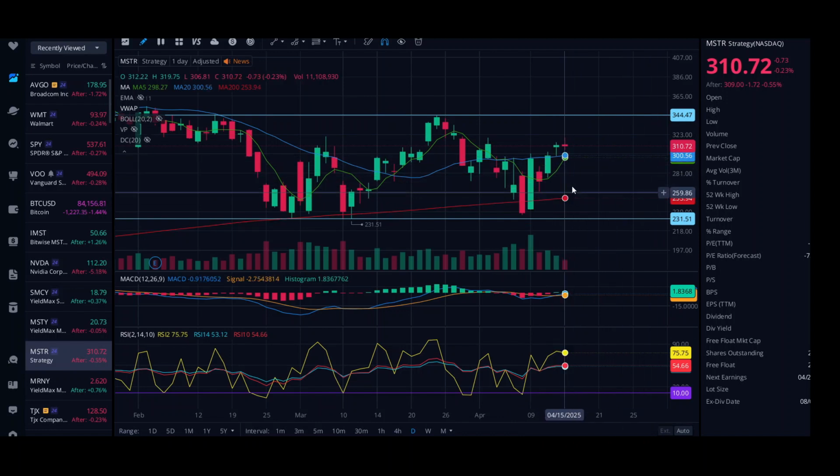As you get a wedge here and it starts compressing, it's like a spring. Eventually it's going to pop, and it's either going to pop up or pop down, whichever one is the weakest. Is it going to be that support line of the 200-day moving average, or is it going to be the resistance line at that $344 mark?